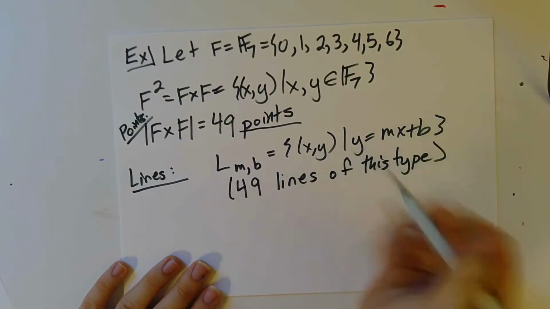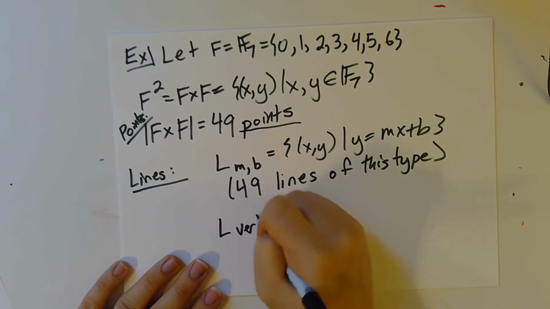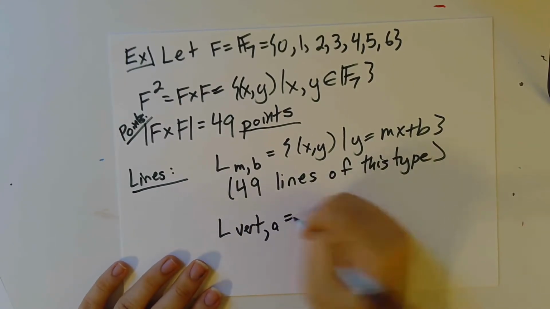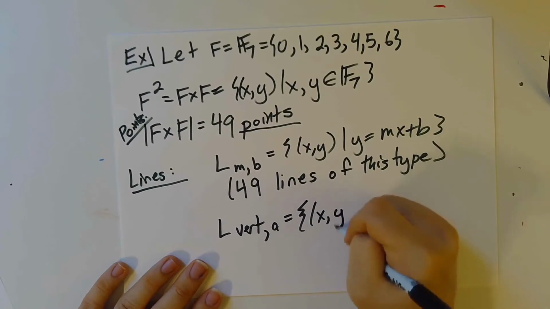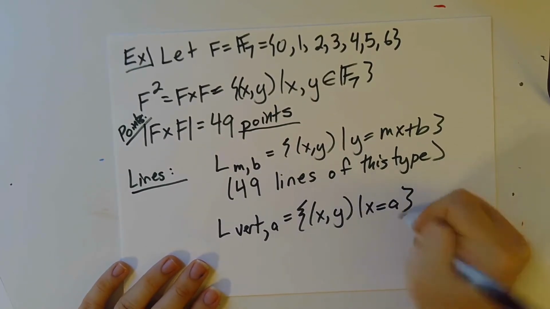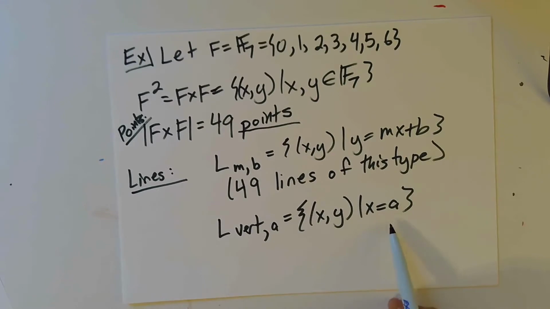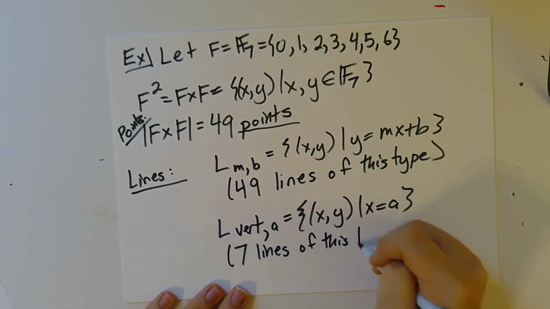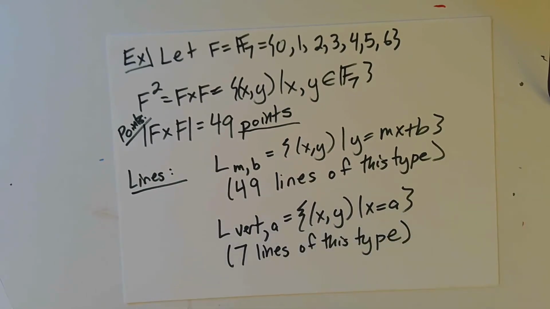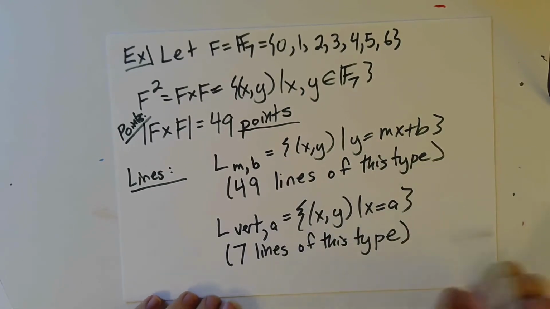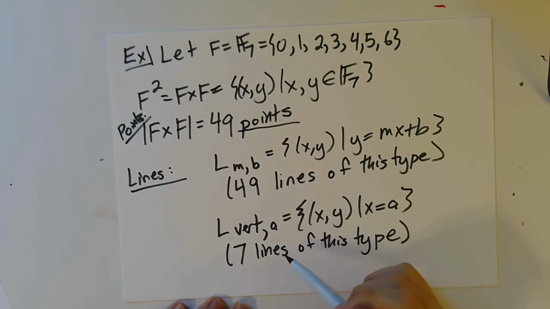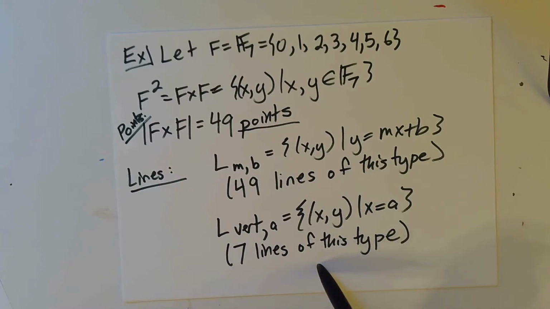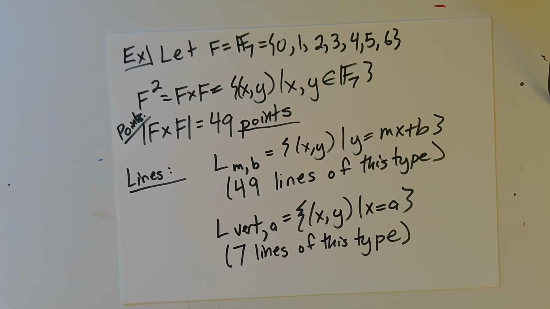And then we also have the L_{vert,a}, the set of (x, y) where x is a. There are a total of 7 options for a, so there are 7 lines of this type. Remember, the lines here are meant to be our cards. So in some sense, we have here 56 of the 57 cards we want. Now, there are a few problems, but morally speaking, we have this.